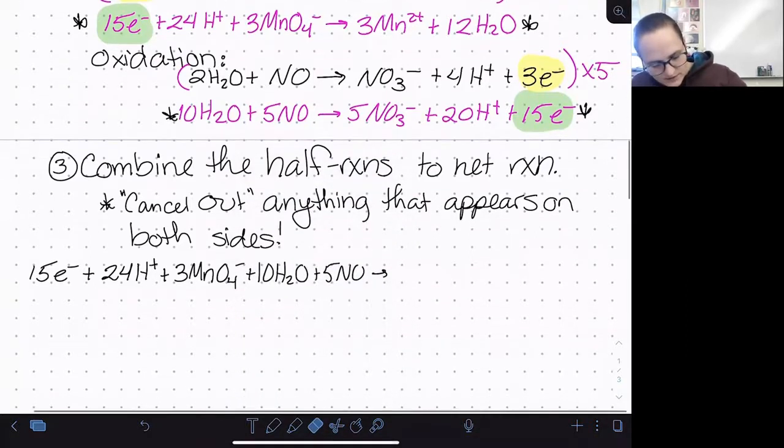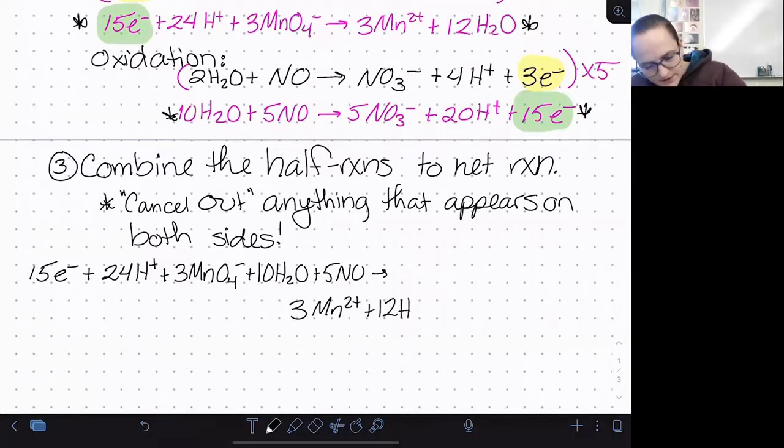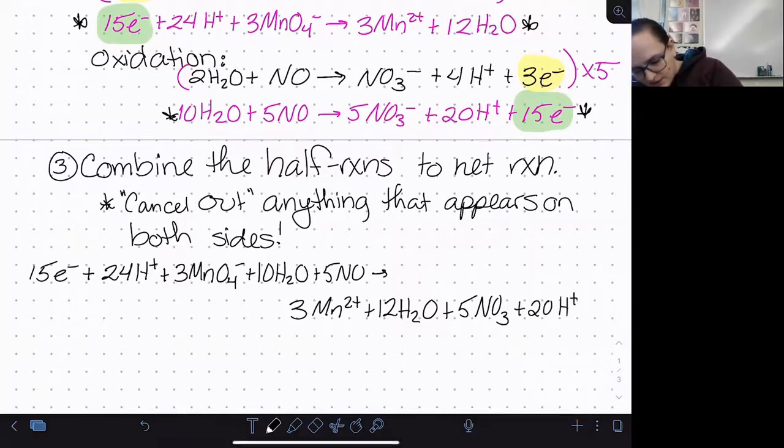Going down to a new line, we'll have 3 manganese 2 plus 12 water plus 5 nitrate plus 20 H plus 15 electrons. Okay, so sorry, it's a little confusing being on 2 lines, but left side, right side.